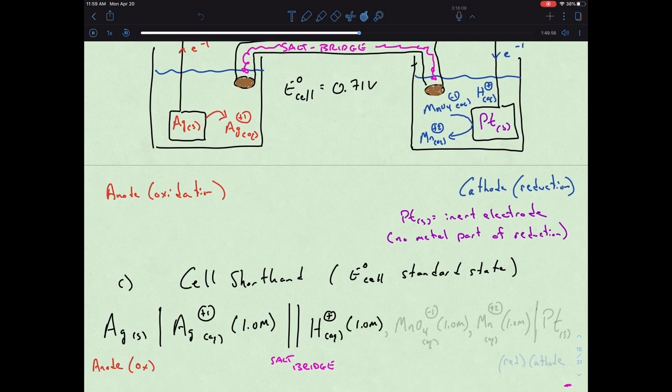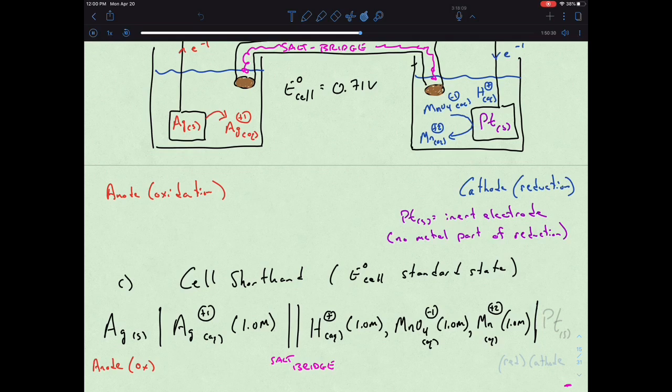So we have the protons that are 1 molar. We have the manganate, that's also 1 molar. We have the manganese plus 2, 1 molar.